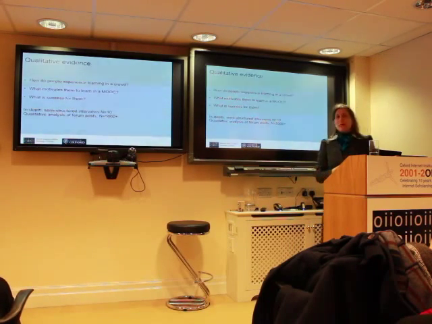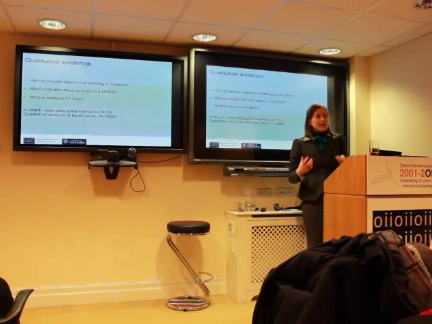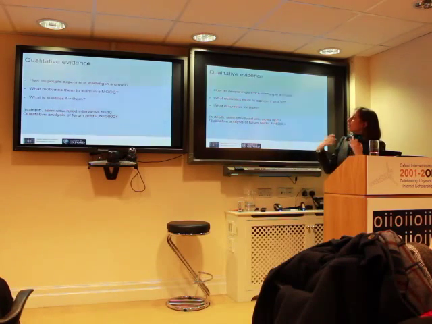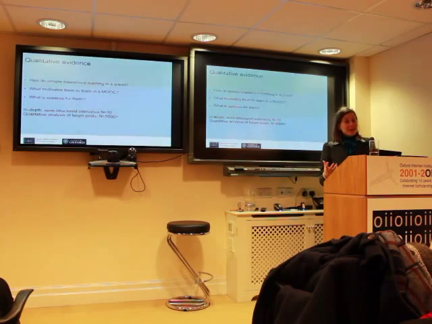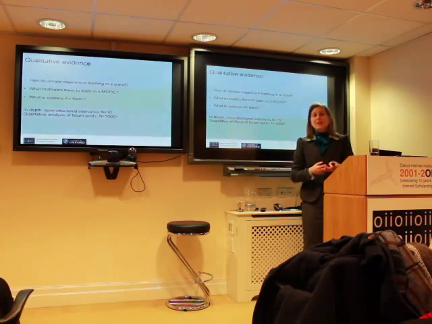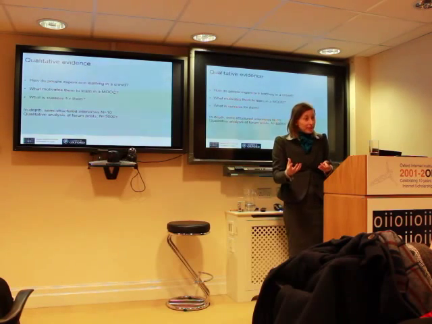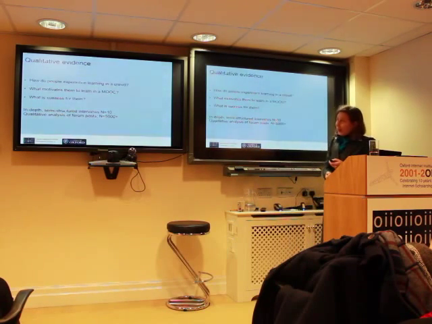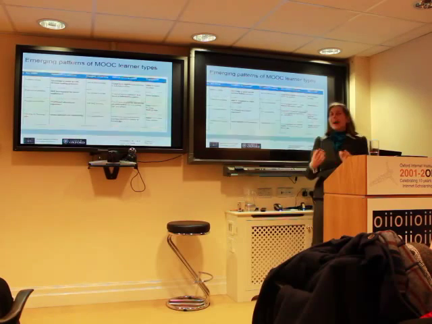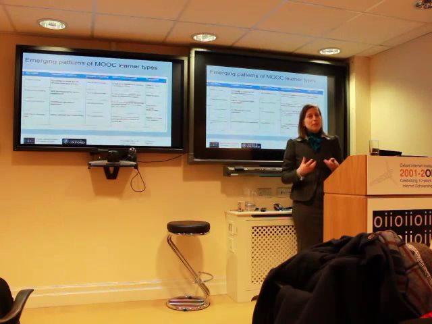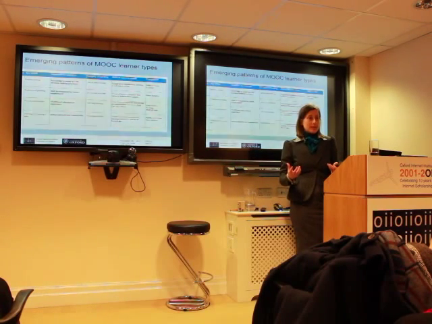In the qualitative part, what we're trying to understand is really about how do people experience learning in a crowd, and what motivates them in the first place, and also, as we've already talked about a couple of times, how do they define success themselves? And so we're starting to see some emerging patterns of learner types.